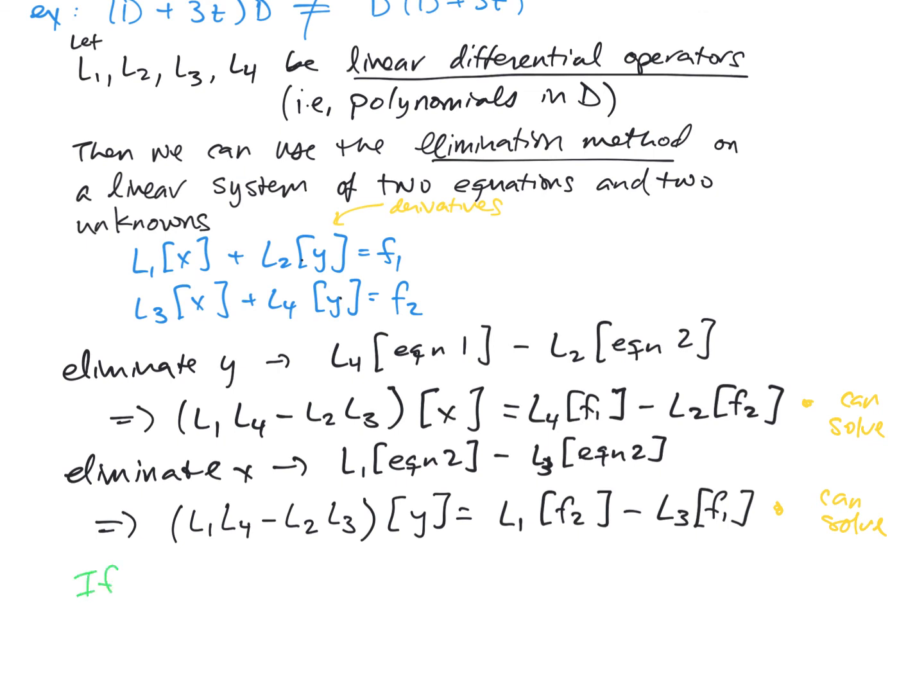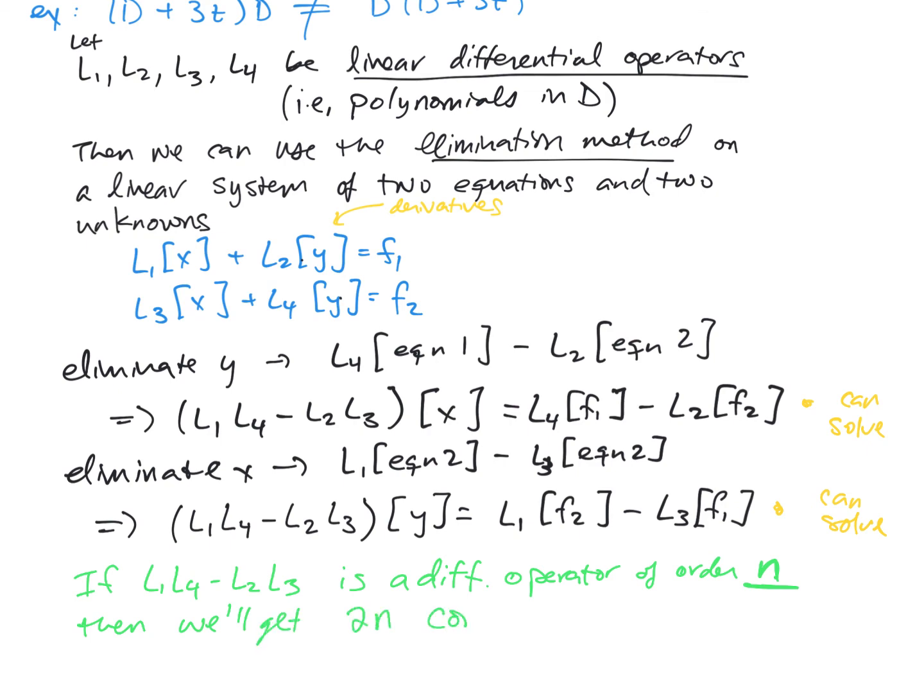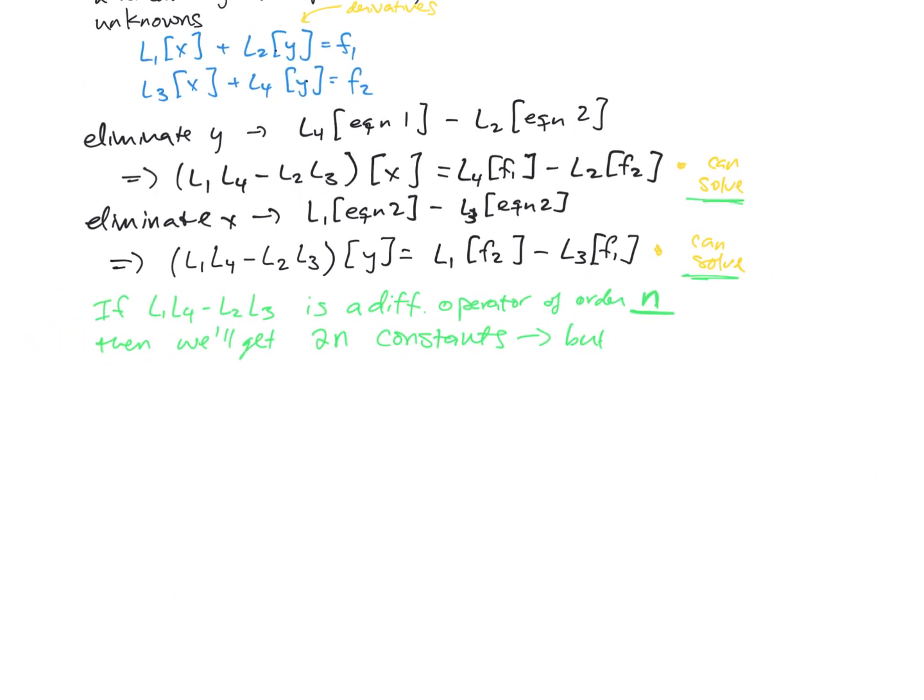So if L1 L4 minus L2 L3 is a differential operator, which it is, and it has order n, then we'll end up with 2n constants, because you'll get n from this equation and another n from this one. But one set can be written in terms of the other.